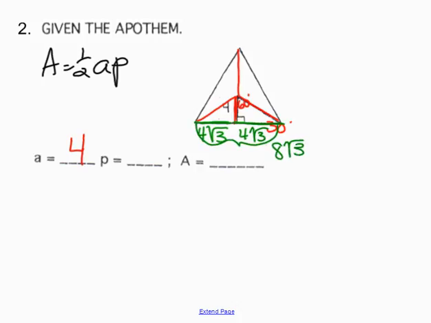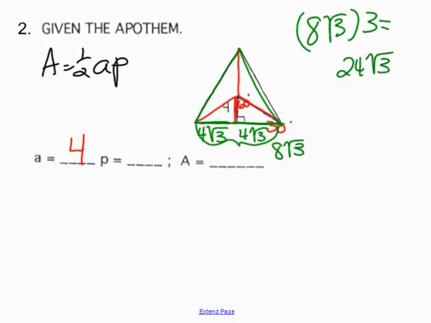Why do I need that? Because I have to figure out the perimeter of that triangle. So this side is going to be 8 radical 3, and this side is going to be 8 radical 3. So what we're going to end up with is 8 radical 3 times 3, and that equals 24 radical 3. And that is the perimeter.